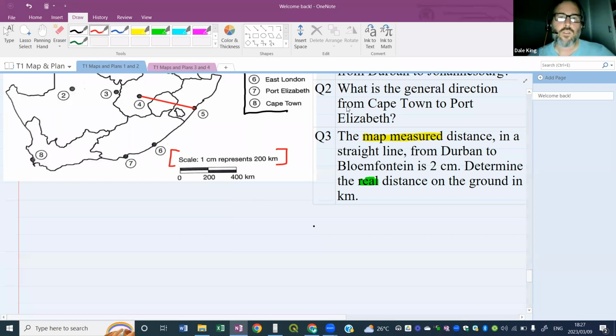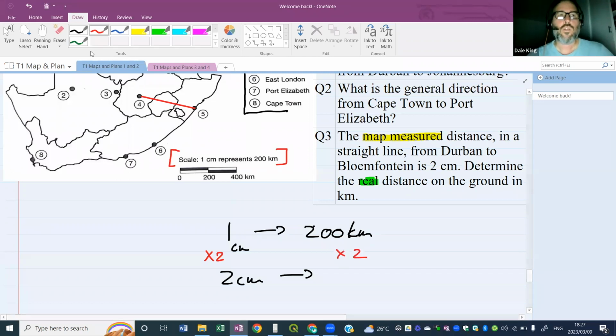And I bet you the guys have got the answers up here already. Yeah, you see. So what is 2 centimeters? With 1 centimeter, and I'm going to put units here, gives me 200 kilometers. What will 2 centimeters be? Well, we just have to multiply by 2.